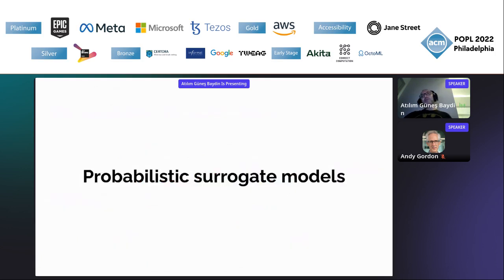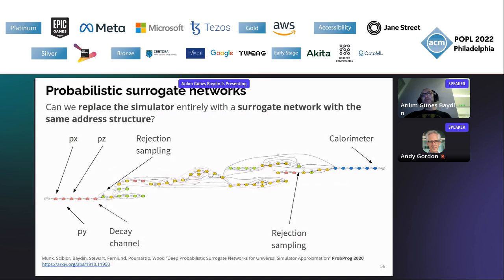So there's an extension of this to probabilistic surrogate models. I think I'm going to skip that, but the idea is to make use of this structure as a substrate to learn a completely deep learning based replacement or approximation of the whole simulator, because these simulators are in many instances very slow.